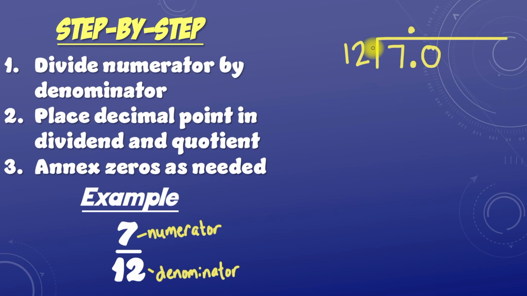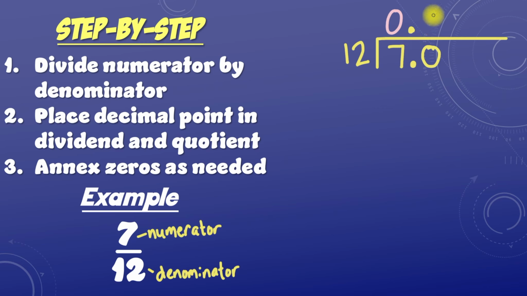How many times can 12 go into 7? Well, it can't. And the number that says that is the number 0. So I'll place that right above this 7. And since we know 12 can't go into 7, now we're going to try to go into 70. And how many times can 12 go into 70?